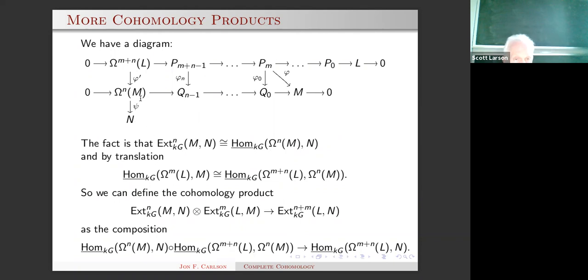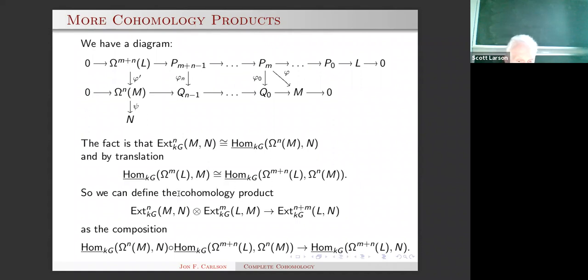And then on the map from the projective resolution P into M, this is the cohomology from M to L. I can translate this, in other words, this Hom kG of omega m of L to M in the stable category is isomorphic, in a very natural way, to the translation of these by shifting by degree n here.